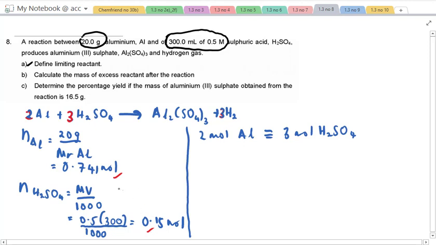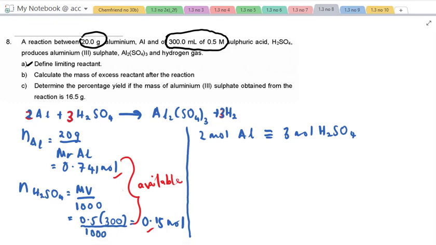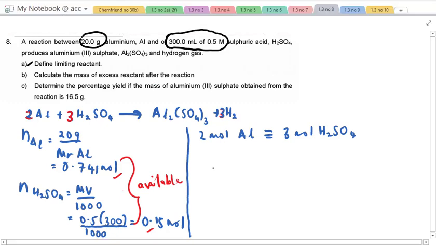So these two are the available mole, right? Okay. So if we have that mole of aluminium is 0.741 mole only. So how to solve this?